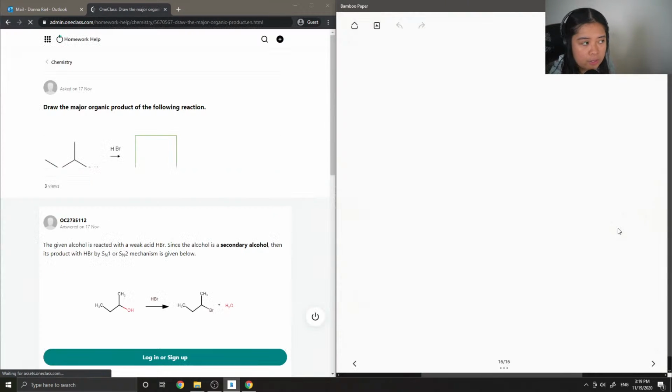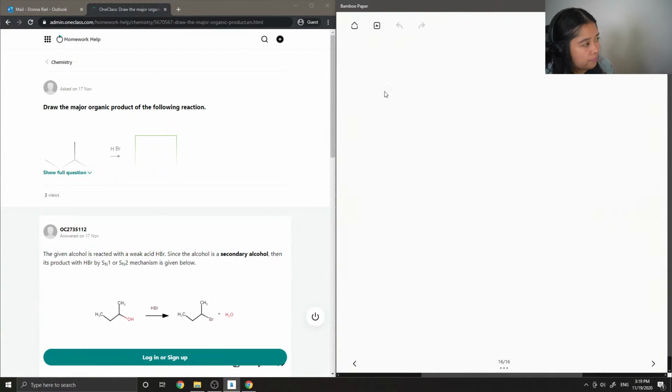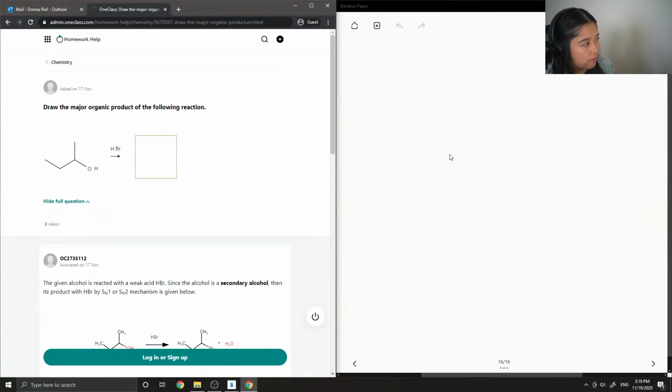Moving on to question 2. Draw the major organic product of the following reaction.